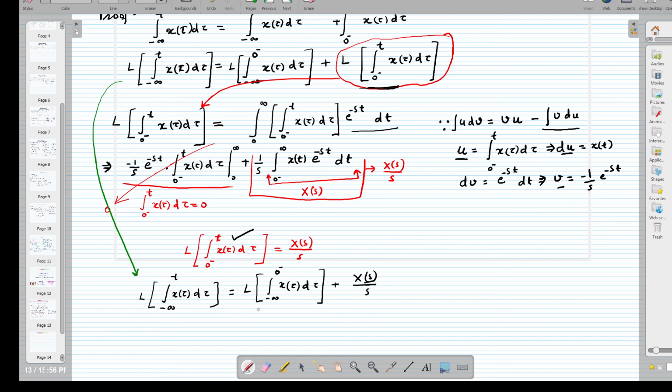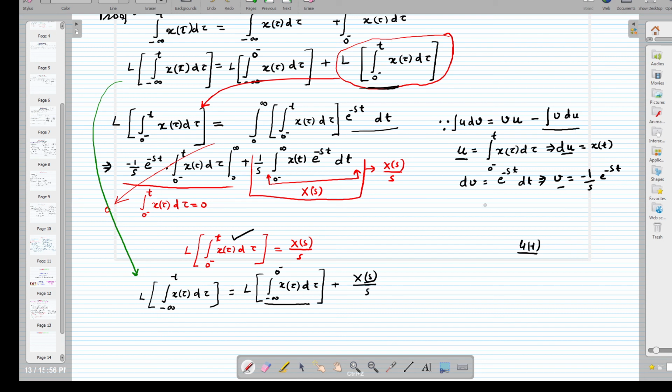Now the first term we are talking about is a constant term, and the Laplace transform of a constant term is multiplied by 1 by s, because if we look at the Laplace transform of u(t), it is also a causal constant term having amplitude 1, so it is 1 by s.